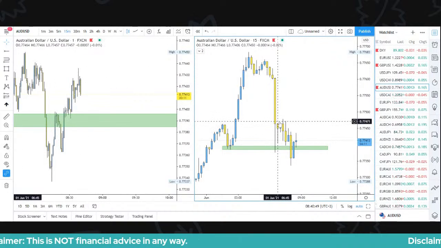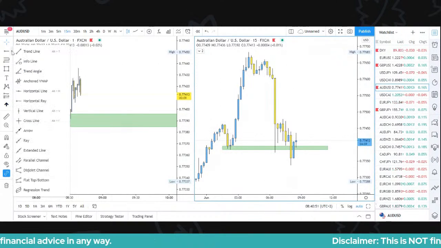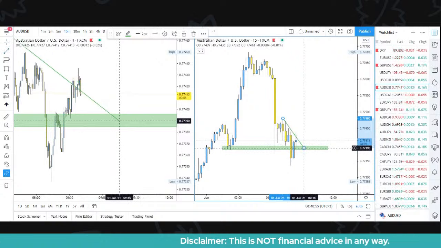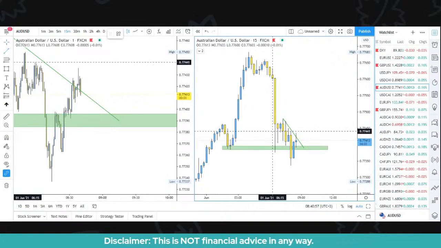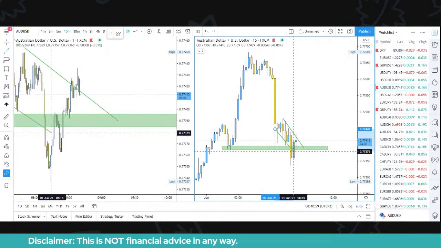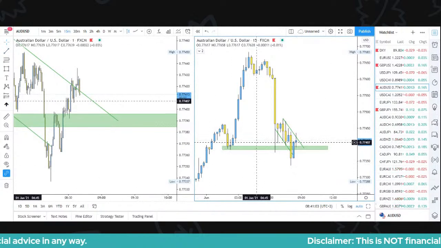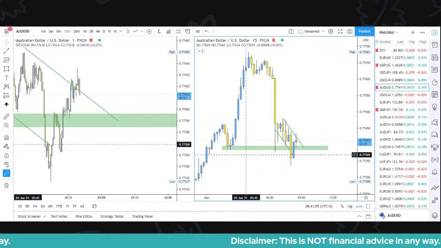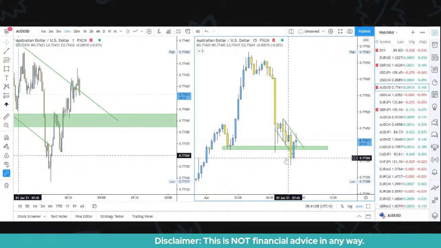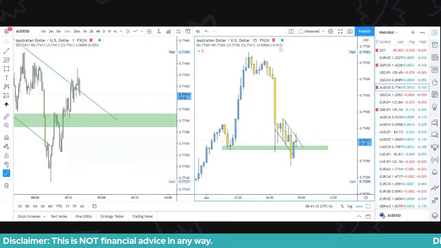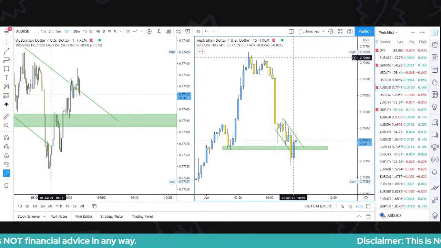This is very corrective in nature. Somebody would even say that we took out this right here to collect liquidity before seeing upside. I'm not too sure if that is correct or not.